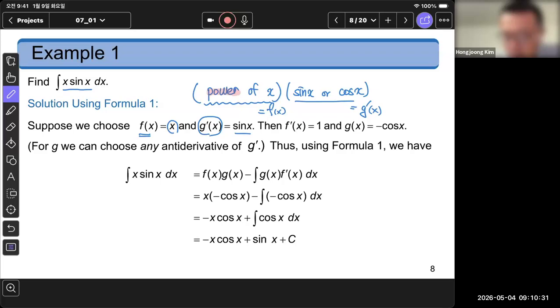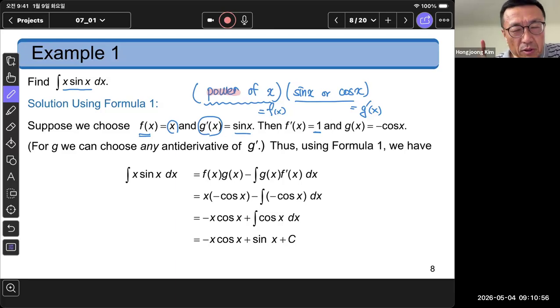So if I assume that x is f of x and sine x is g prime, then f prime, the derivative of f, will be just 1. And if g prime is sine x, what will be an antiderivative of sine?